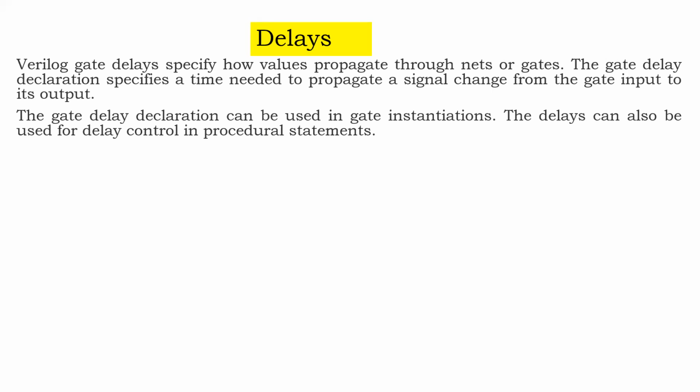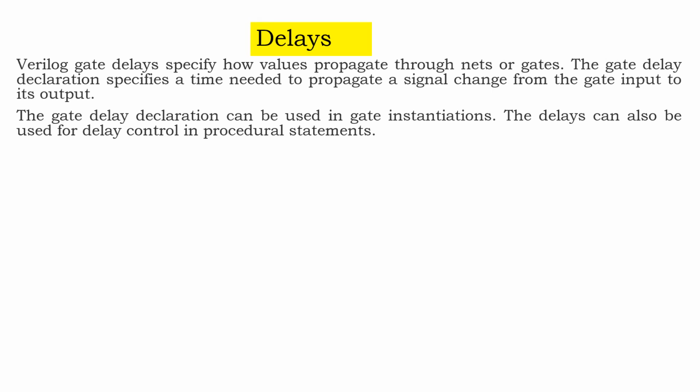Then definitely we are using instances. So gate type, space, instance name, so it may be A1, then in brackets the ports. That is the way we are writing.